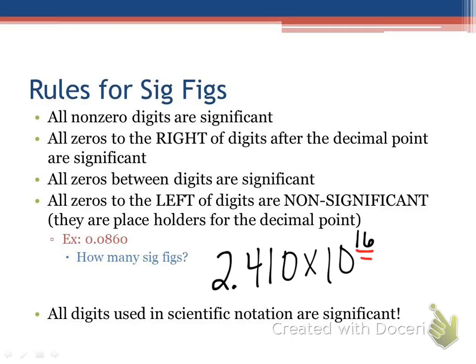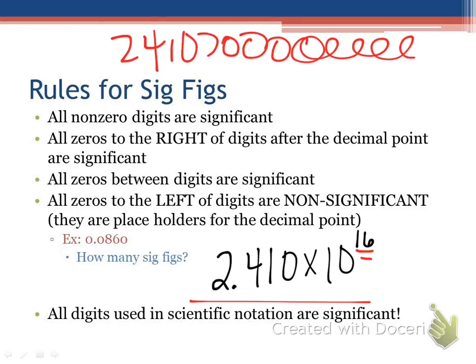Okay, so the reason we use scientific notation written like this, it allows us to express really big numbers and really small numbers in a much more manageable setting, right? Rather than 2, 4, 1, 0, 0, 0, 0, 0, 0, 0, 0, 0, 0, right? Without all those zeros. Okay, there's no need for us to write that many, so we don't.